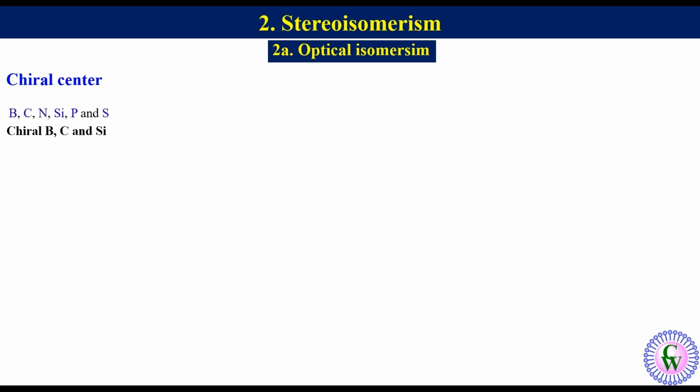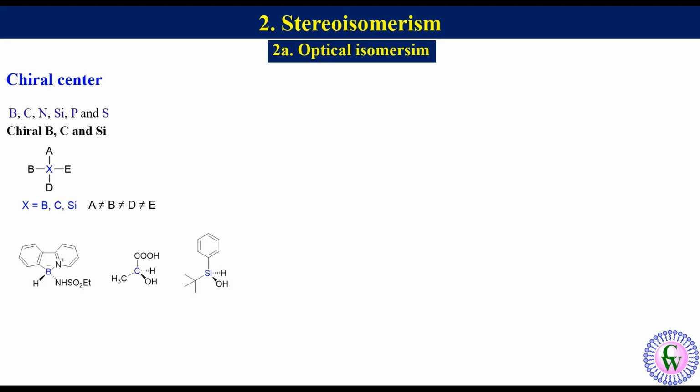The general structure can be drawn like this, where X is boron, carbon or silicon, and A, B, C and E are different atoms or groups. These are examples of molecules having boron, carbon and silicon as chiral centers.